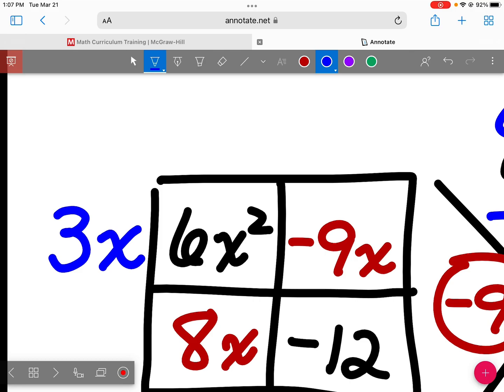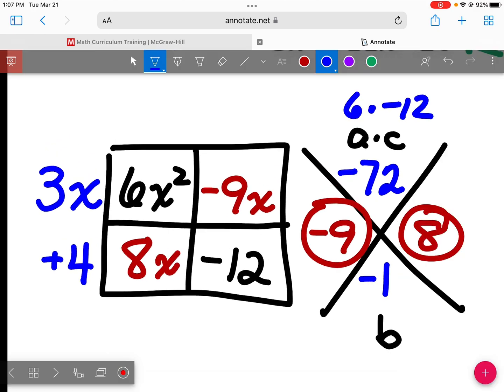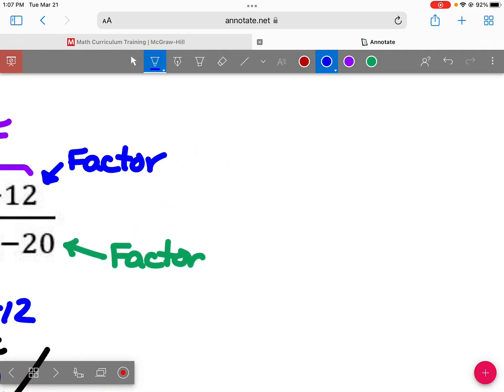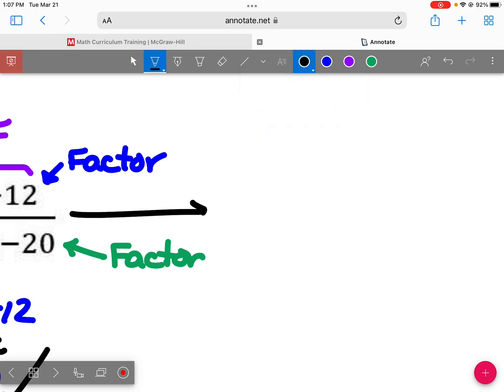What would go into both 8 and 12? Some people will tell me 2, which is true, but it's not the biggest. I need the biggest thing that goes into both of them, and 4 is the biggest. Positive or negative 4? Positive. So 3x plus 4 is one of the factors of my numerator.